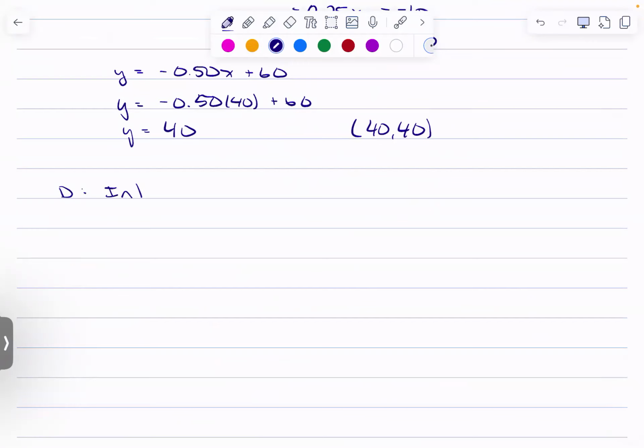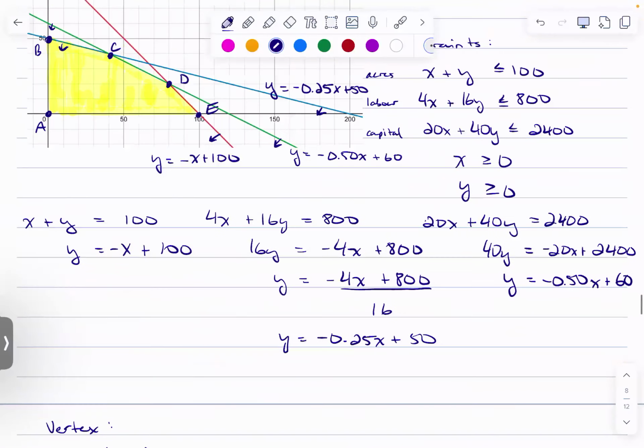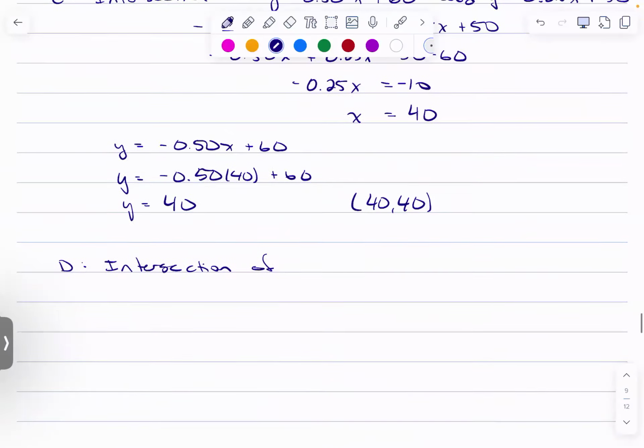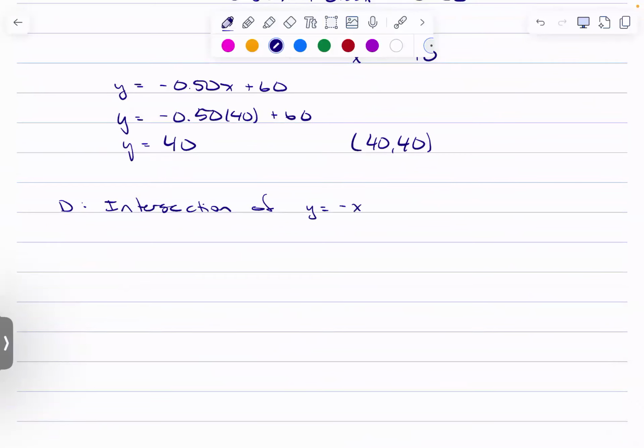D is the intersection of two lines. Which ones? D is the intersection of y equals negative x plus 100 and y equals negative 0.50x plus 60. Same thing all over again. Negative x plus 100 equals negative 0.50x plus 60. Solve for x.